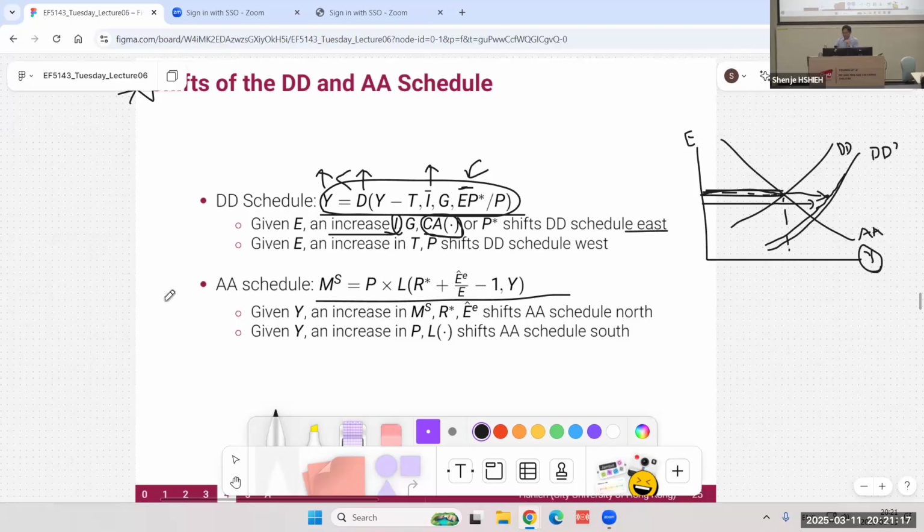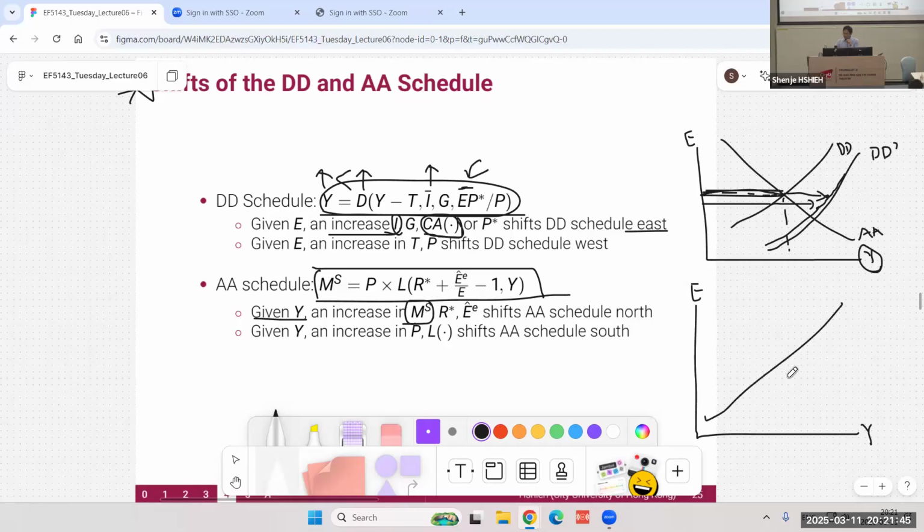All right. Let's do the AA schedule to be complete. So how do you shift the AA curve? Well, instead of fixing E, it's easier to just fix Y. Right, so given Y, for demonstration purposes, let's just increase the money supply, MS, and see what happens. So let's draw a graph here. A, E. Starting point.